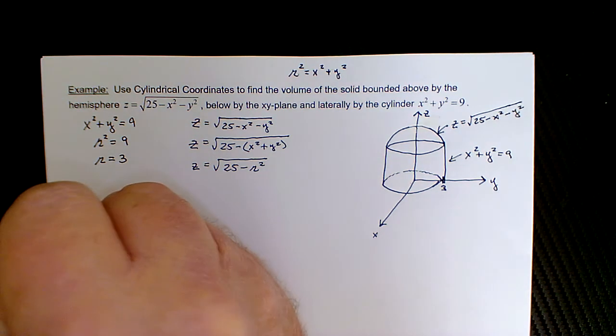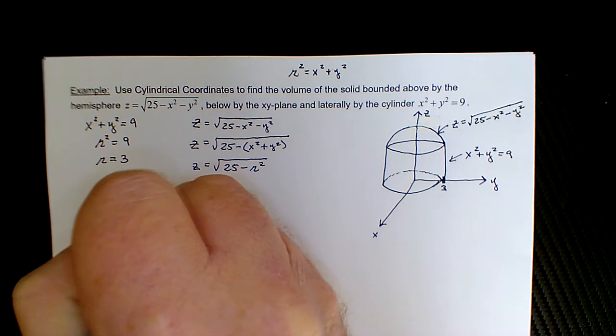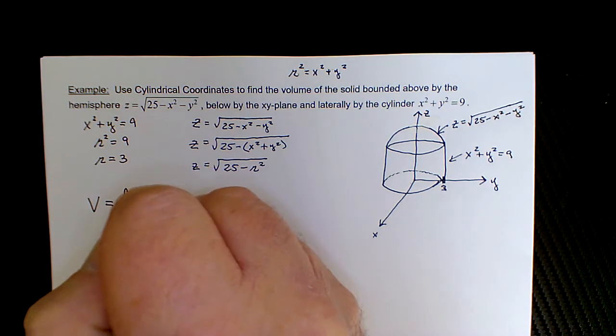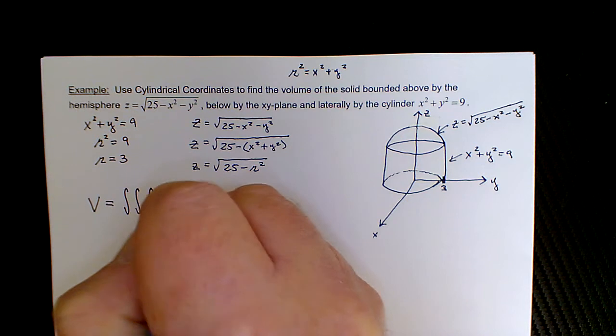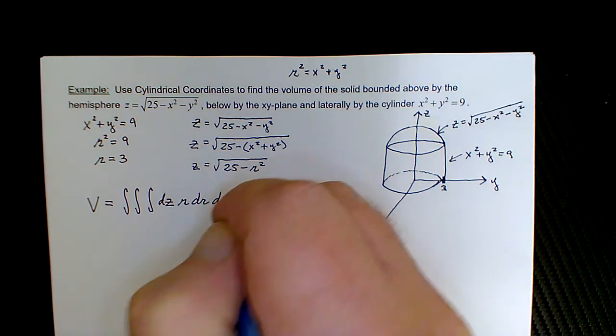Okay, so now we'll set up for our volume. And our volume formula, remember, is the triple integral of dz times r dr d theta.